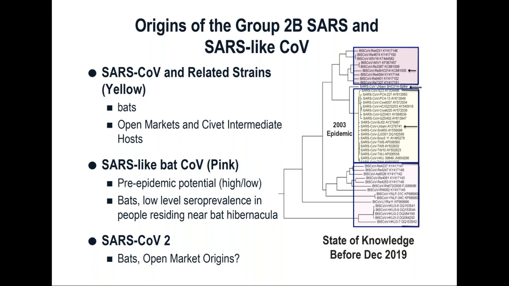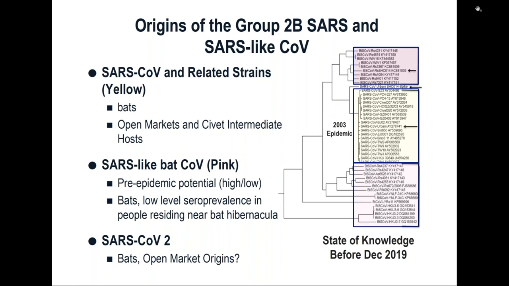In addition, over the next 17 years after the epidemic, researchers in China, Europe, Asia, and the United States have identified a large number of additional SARS-like bat coronaviruses, which are highlighted in pink. They fall in general into two flavors: the light pink strains, which I'll define as low risk, and I'll show you why shortly, and then the dark pink strains, which we define as high risk, and I'll show the reason for that in the next slide.